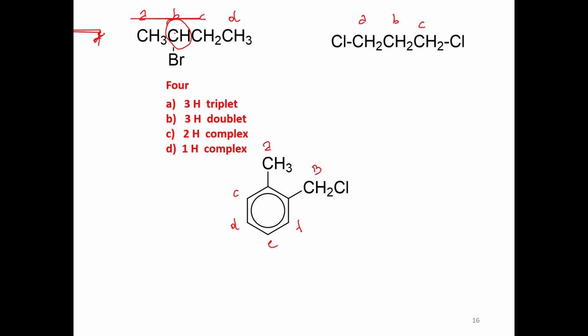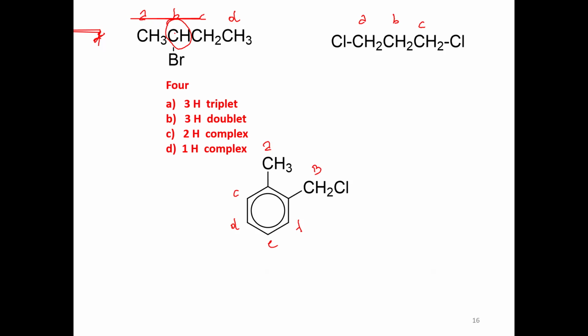Let's stay on this one a little more. That's the complex multiplet which integrates 1. You have another complex multiplet which integrates 2. Which one is it? The only methylene you have. This one is already a complex multiplet. So when something complex is coupled with something, that one is going to be complex also.